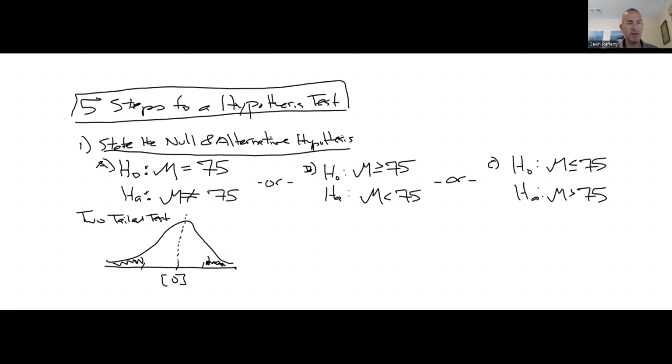Zero is in the middle as always. This tick mark right here and this tick mark right here, those are critical values. This is a positive critical value, and this is a negative critical value.